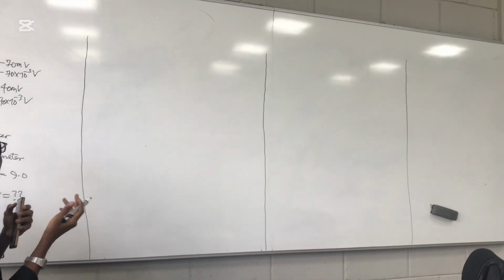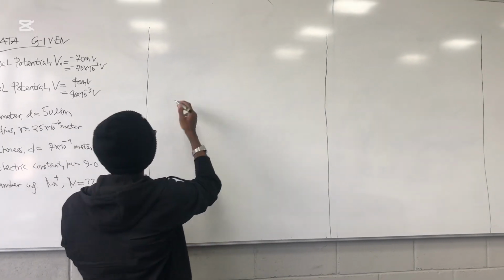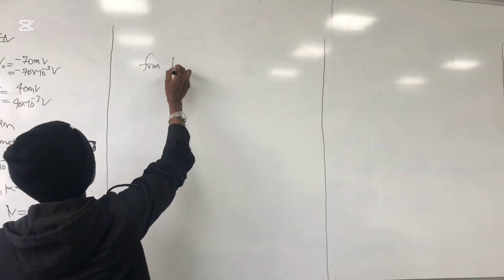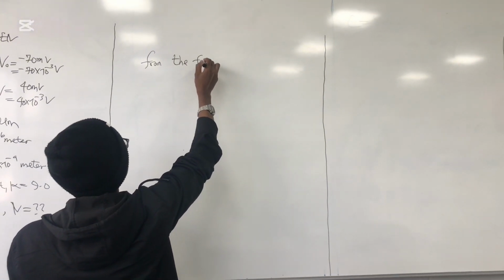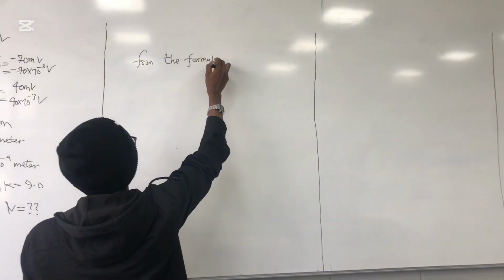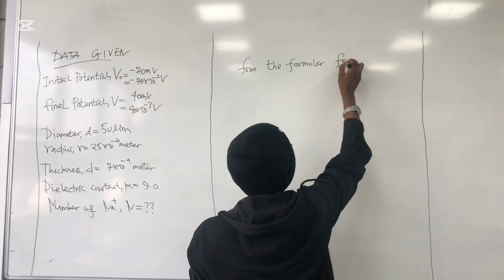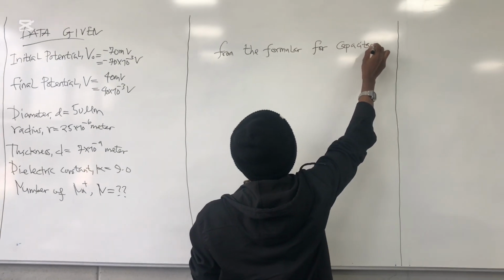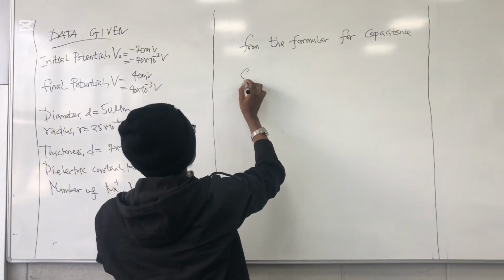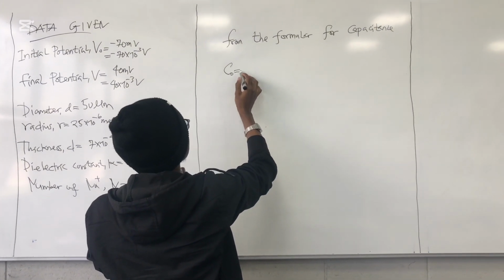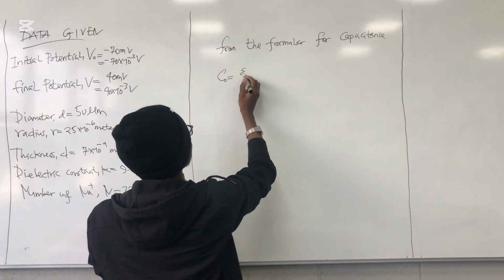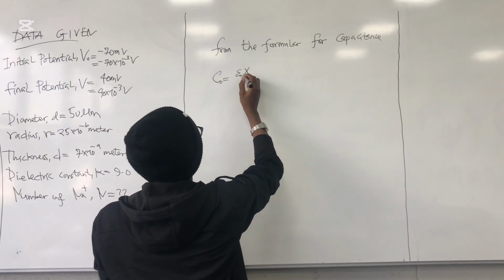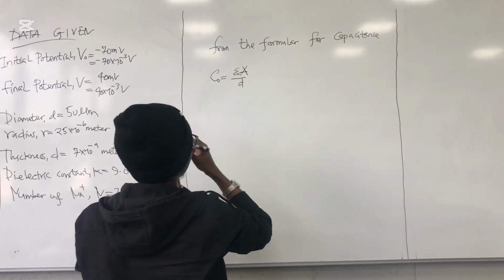So from the formula for capacitance, the capacitance of a capacitor, say C naught, is given by epsilon naught, the permittivity of free space, times a cross-sectional area A divided by the distance of separation.